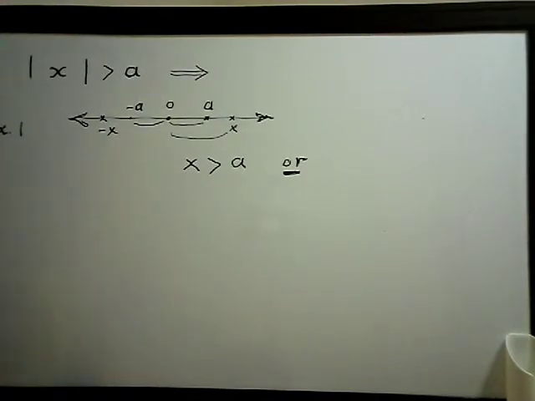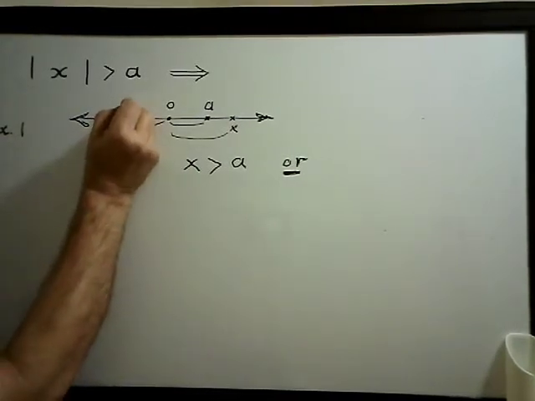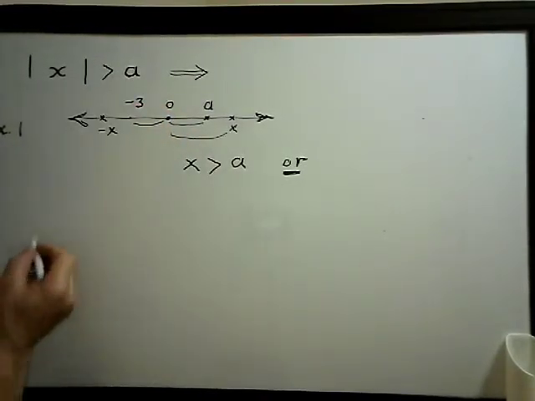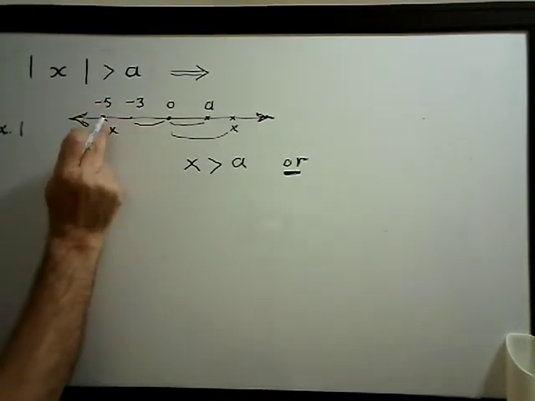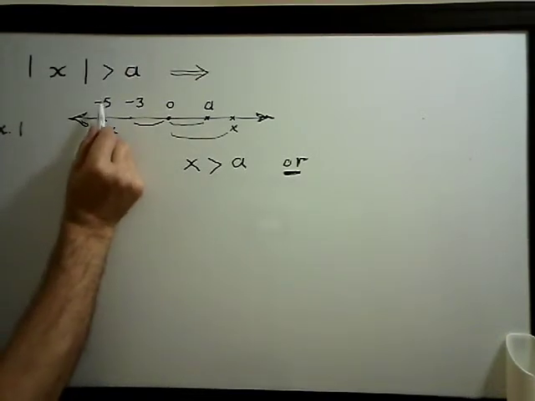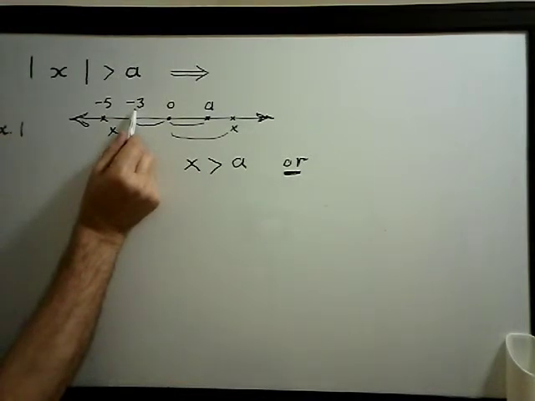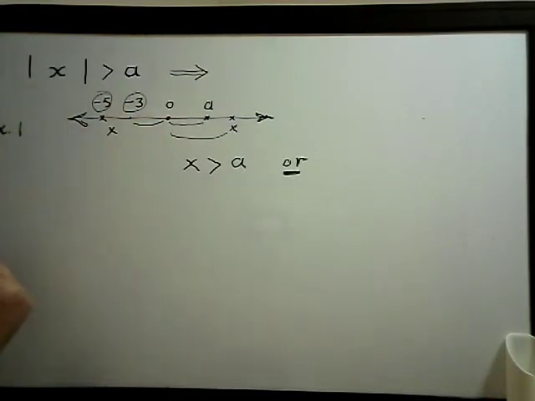You see? Generally, if we consider a number like negative 3, and x here is negative 5, what is the relation between them? We can say negative 5 is less than negative 3. That means x is less than a.